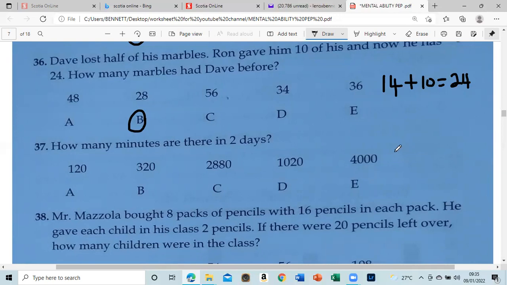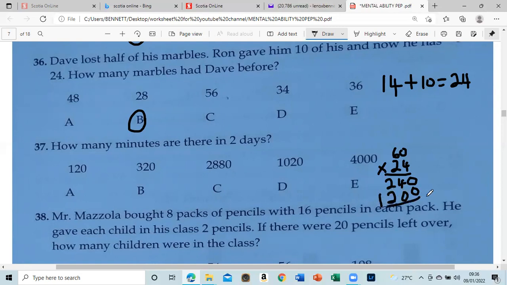So 60 times 24 would represent 1 day, right? Since 60 minutes make 1 hour, and we have 24 hours in 1 day. So 4 times 0 is 0, 4 times 6 is 24, and then we put a space because we multiply by 20 now. So 2 times 0 is 0, 2 times 6 is 12.